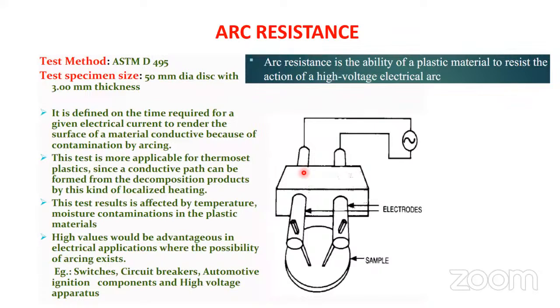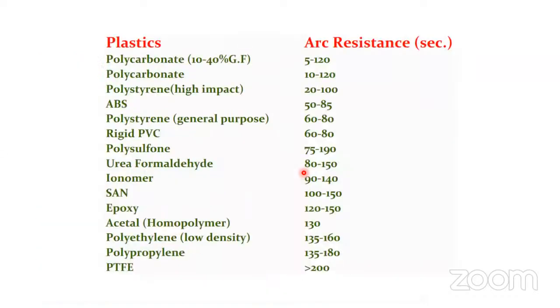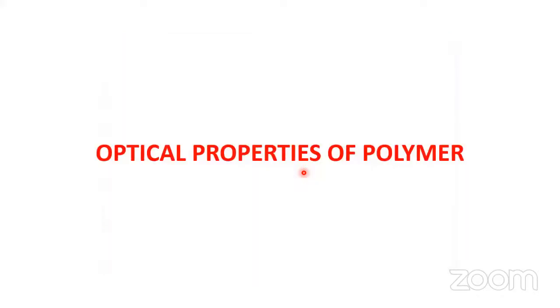It is defined as the time required for a given electrical current to render the surface of the material conductive because of contamination by arcing. This is about the arc resistance of the polymeric material. These are some arc resistance numbers given for the different polymeric materials.